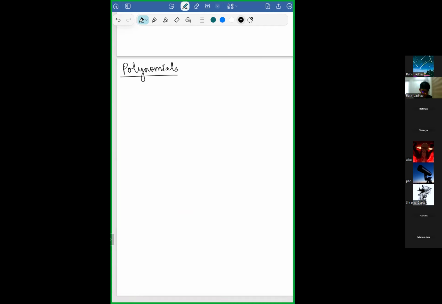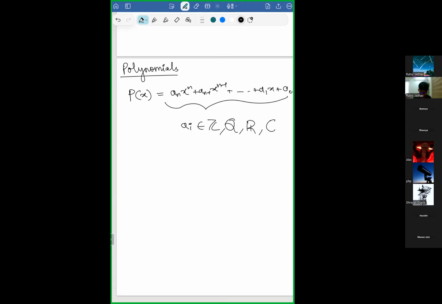So polynomials are generally denoted by p of x, and it is an expression of this form. Here the a_i's can be integers, rationals, reals, or complex numbers.